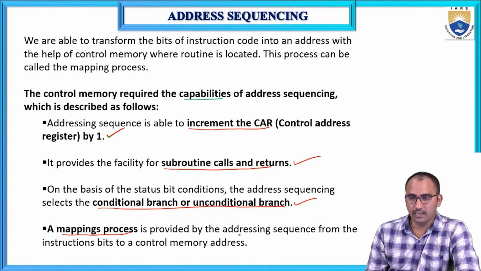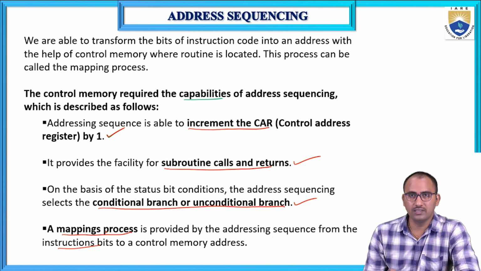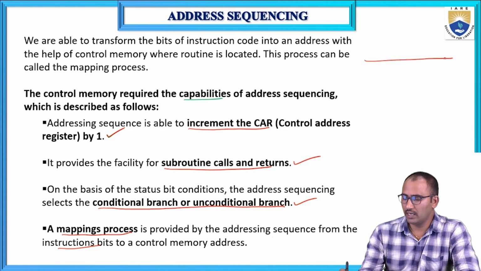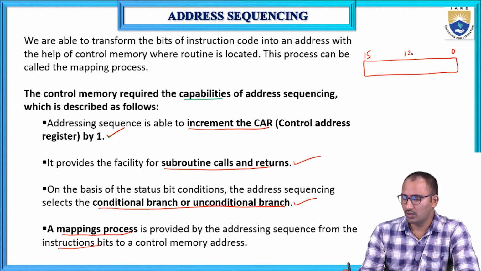The mapping process is provided by the address sequencer, from the instruction bits to the control memory address. Suppose you consider an instruction register whose size is 0 to 15, a total 16-bit register. In that, bits 12, 13, 14, these 3 bits represent the opcode.